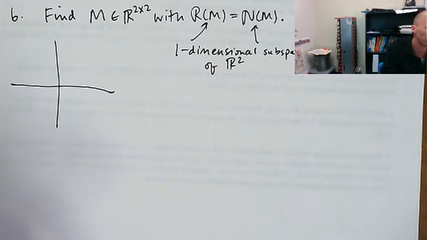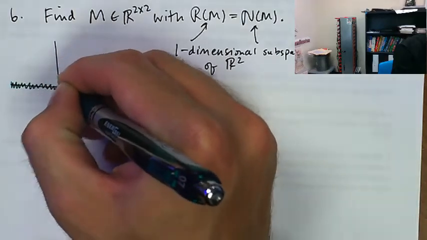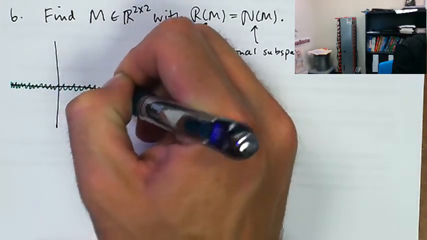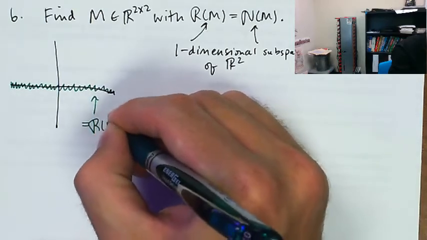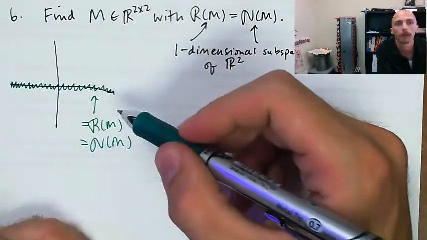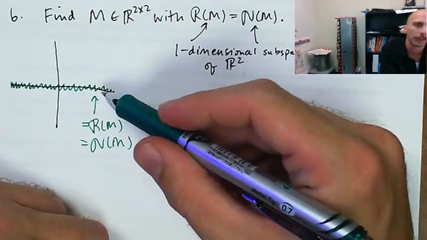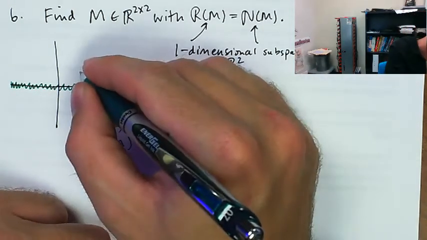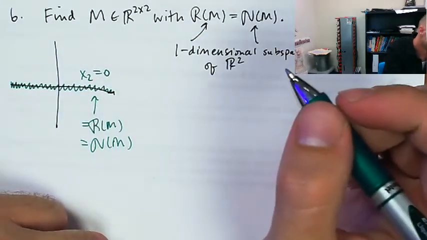I can do all sorts of things, but maybe I'll just decide that the x-axis is going to be the range and the null space. Since they're the same thing, both of these are going to be the null space. So this is the line y equals 0, or x2 equals 0.